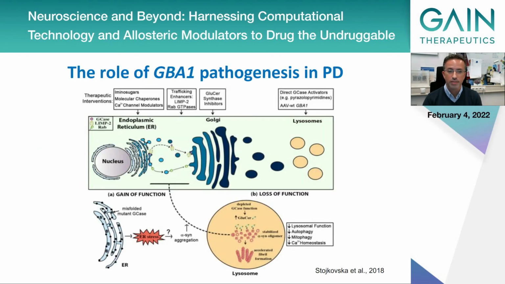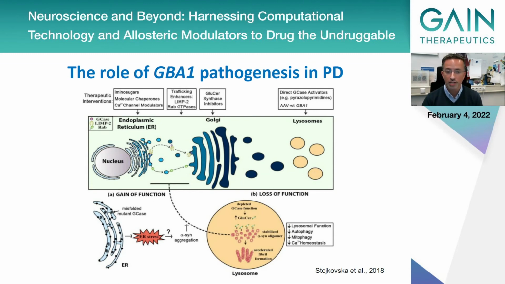So next slide, please. And this is how we think it works. We know that this enzyme, GCase, is produced in the ER, then it traffics through the cell, going to the Golgi, and then eventually reaching the lysosome, where it should be active in order to degrade alpha-synuclein, for example.